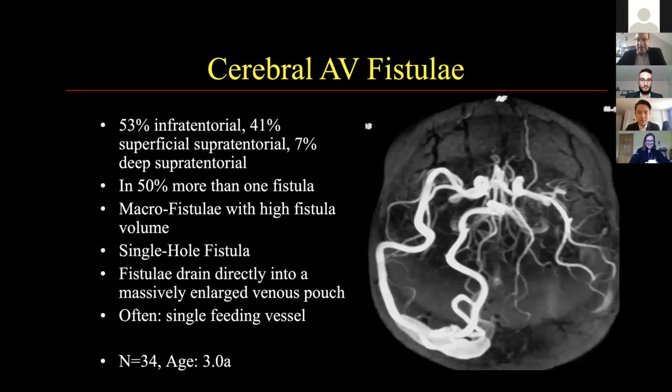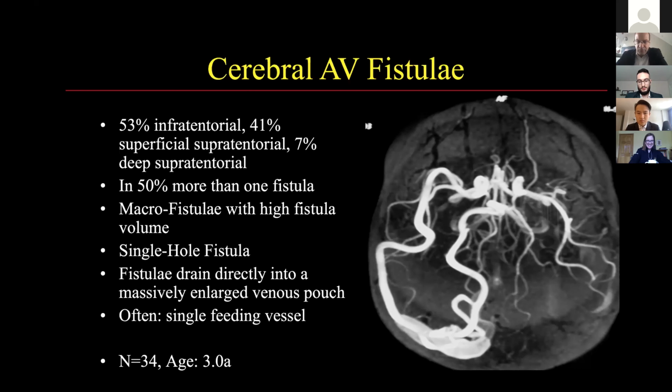What we are seeing in these patients is that these are the normal arteries in the brain. This is the normal size. You can see that this artery here is significantly larger than its counterpart. This artery here is also significantly larger than its counterpart. This enlargement is because there's such a high flow going from the artery into the vein, because there's no intervening normal brain tissue.